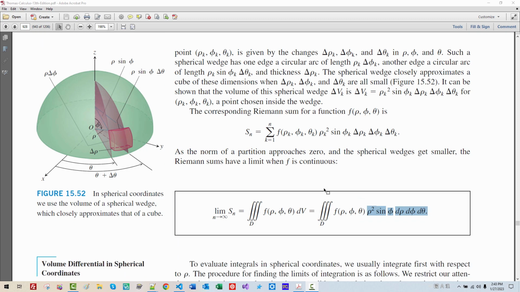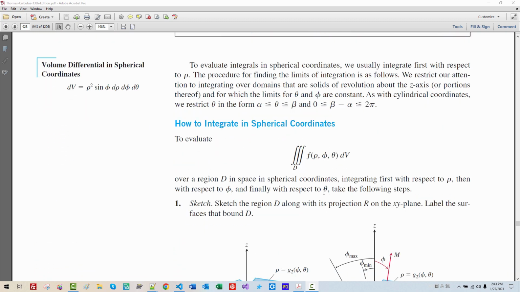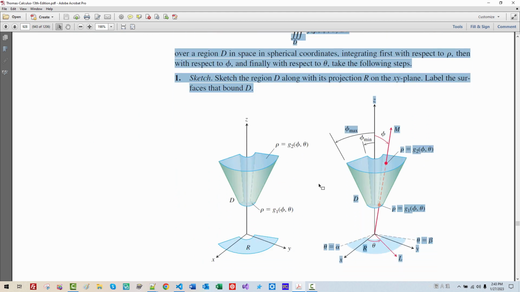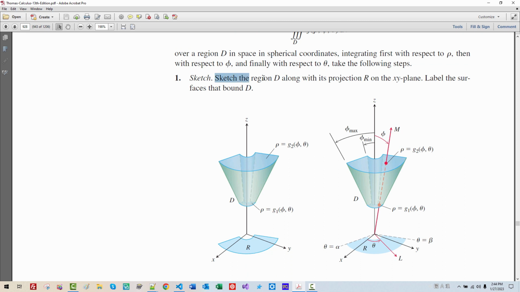Now scroll down. I assume you read this text. For example, sketch the region D along with its projection R on the xy plane. This is the region D along with its projection R. Label the surfaces that bound D. This surface is labeled.